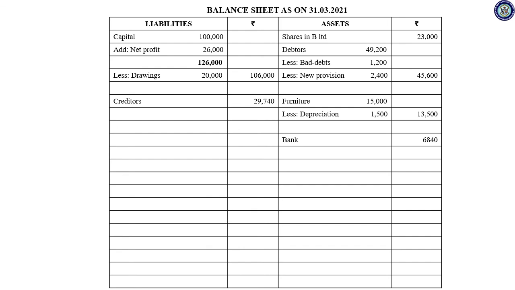Now you see the adjustment. Catalogs in hand means that's a closing balance, so it is an asset. Catalogs in hand 600, that is an asset, that is a closing balance. Then you have outstanding sundry expenses 400.